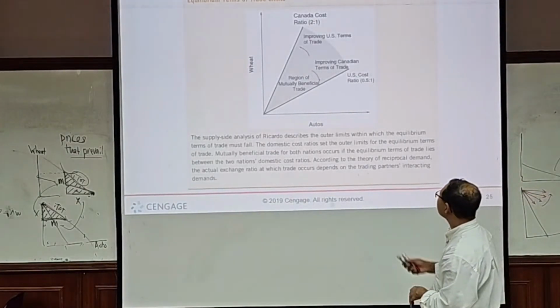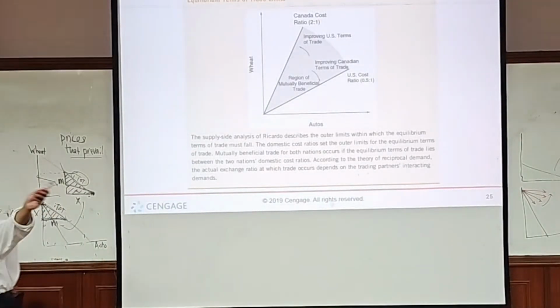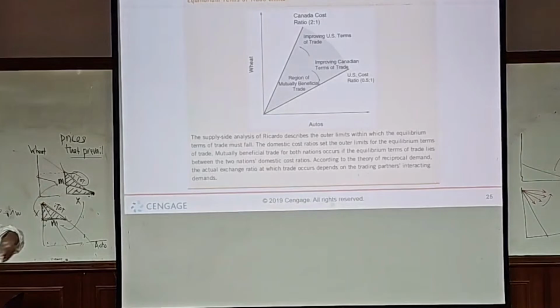So for Canada, just like my figure on the other side, the international terms of trade for USA, Canada likes it. Because anything that goes this way, the ratio of auto to wheat will increase. USA likes it. This is more beneficial for Canada, improving.